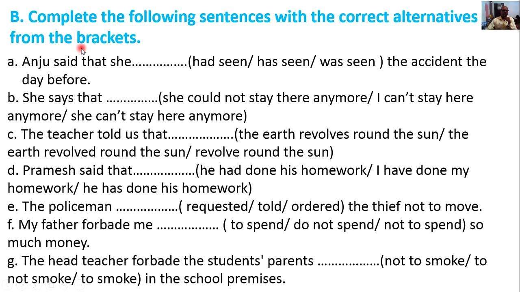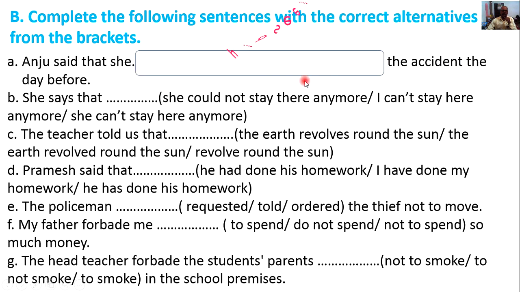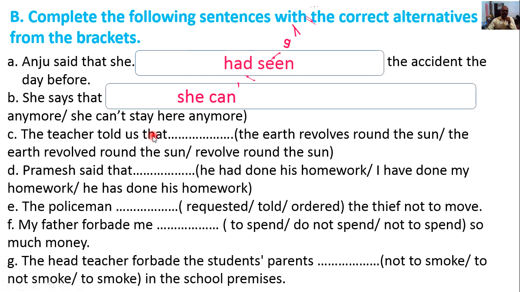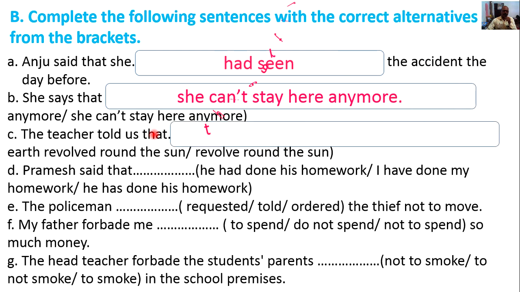In the same way, complete the following sentences with the correct alternative from the bracket. Now had seen, has seen, was seen, and its correct answer is had seen. Similarly, in number B, she can't stay here anymore. And number C, here the earth revolves round the sun.